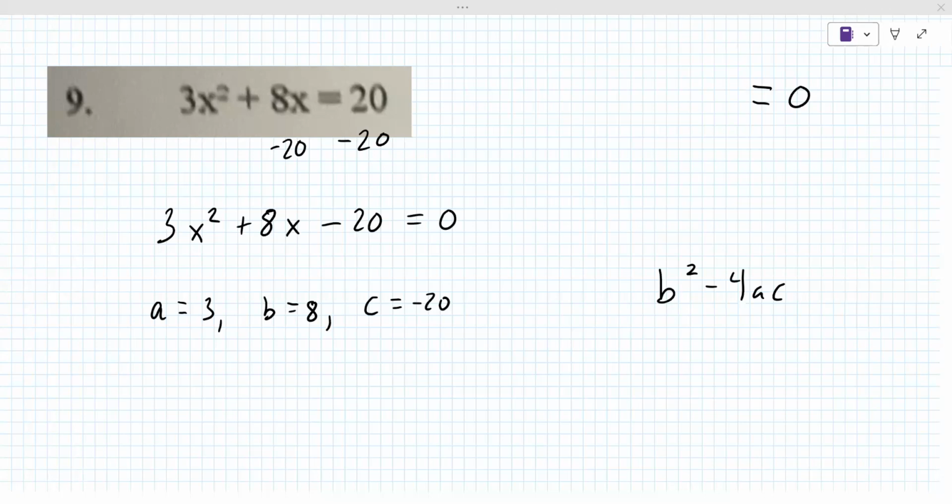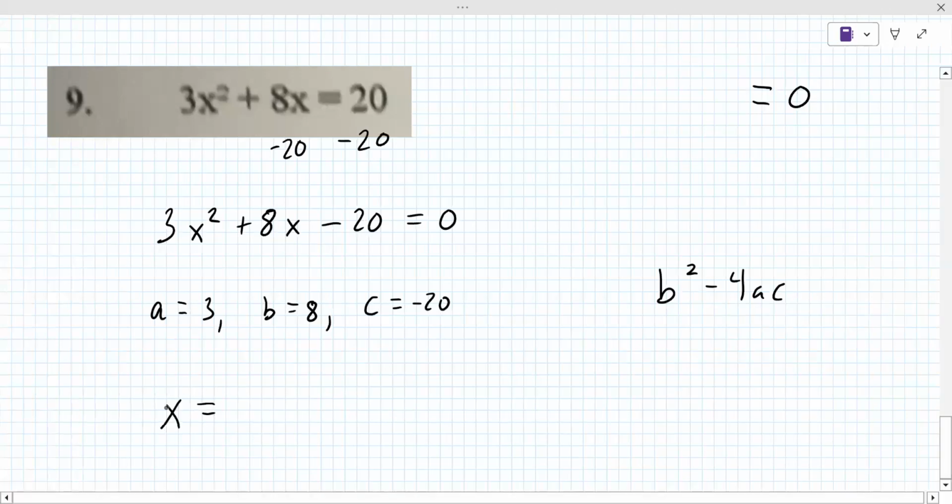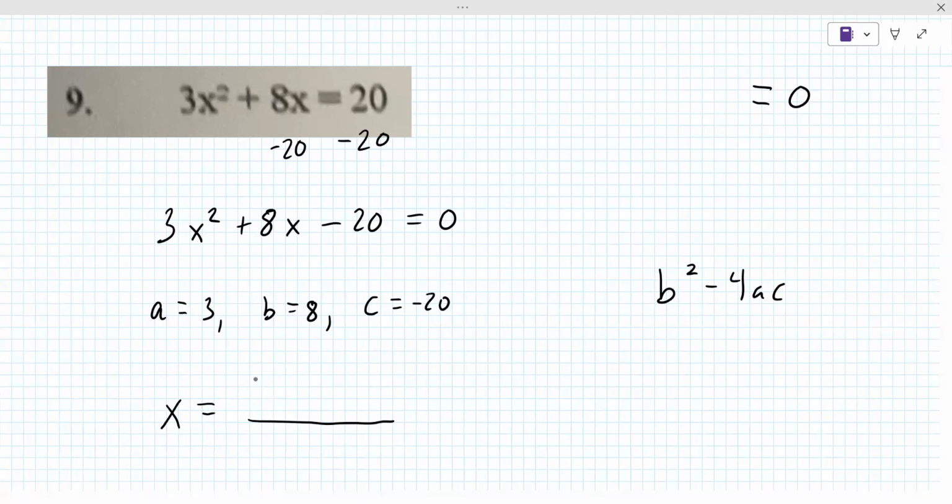I got 304. Okay, I agree. So if you go back to the quadratic formula here, what goes first here? Do you remember the formula? Minus B. Yeah, minus B. Okay, so what goes first? Plus or minus.